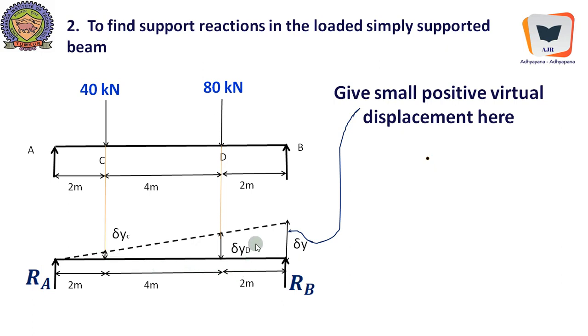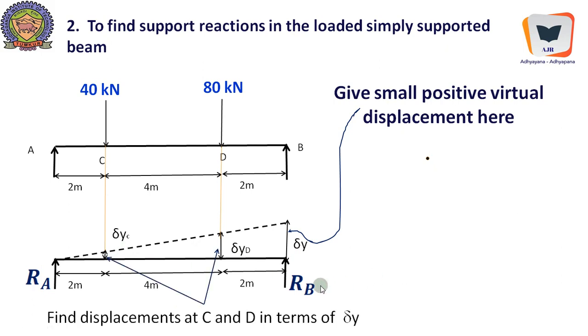Therefore we need to find out what is del yd in terms of del y and del yc in terms of del y. And this is what we need to find. Then we will reduce the number of unknowns to only del y and rb. Now we can find out del yc by comparing similar triangles. Here is a small triangle with a height del yc and 2 meters as the base, and del y we know, which has been induced.